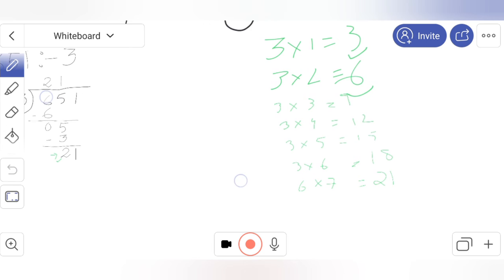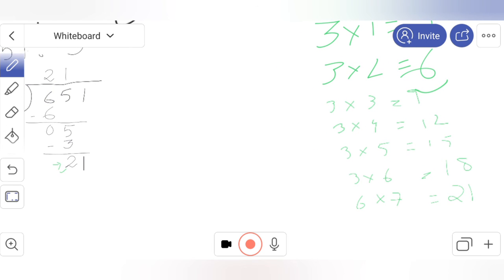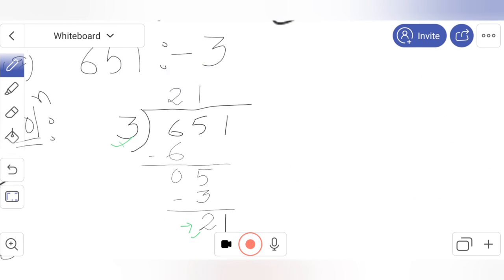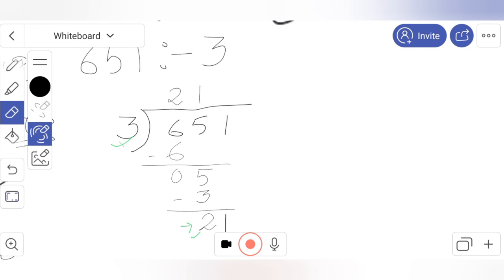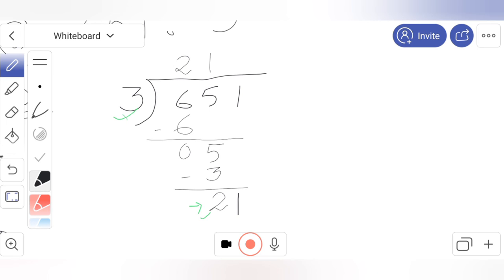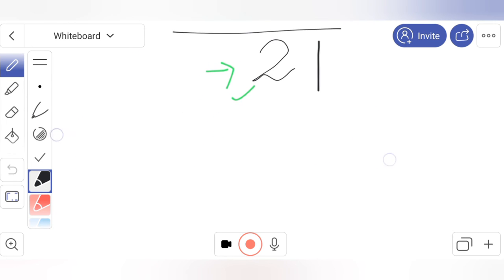So do we get 21 now? We need 21. This is 3, right? So 3 into 7 is 21. So what number do we have to write in the quotient section? We have to write 7. 3 sevens are 21.